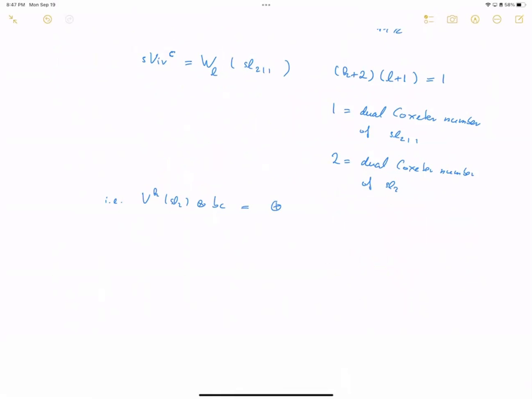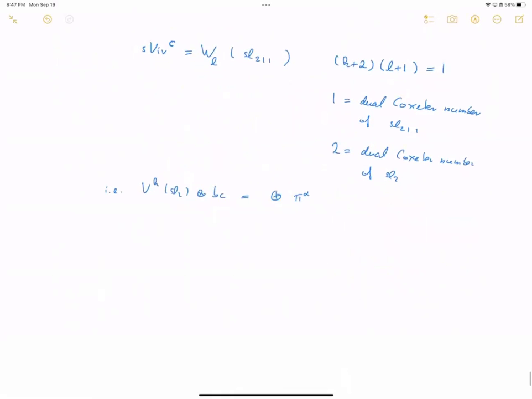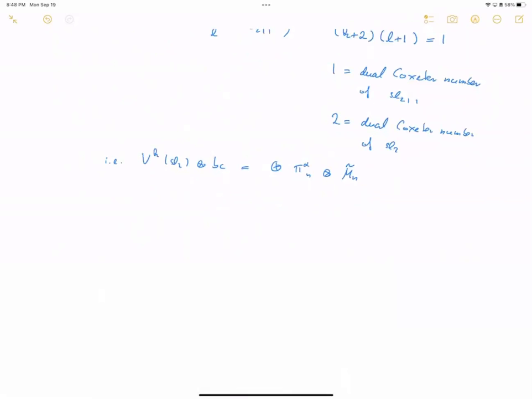So this means, in particular, it's a module for these two vertex algebras. And now this means that in particular it decomposes into a direct sum of, in fact, simple modules of these two. So here, these pi alpha are just Fock modules at weight n.